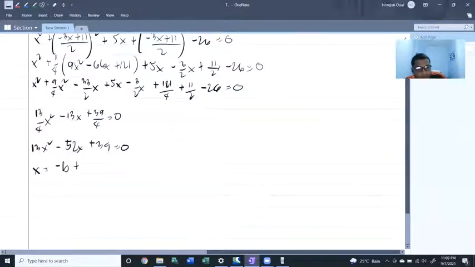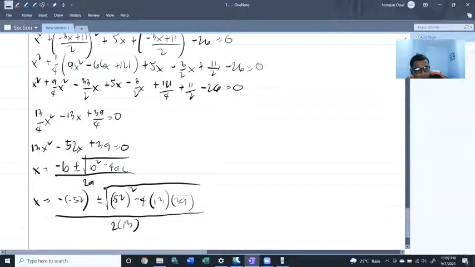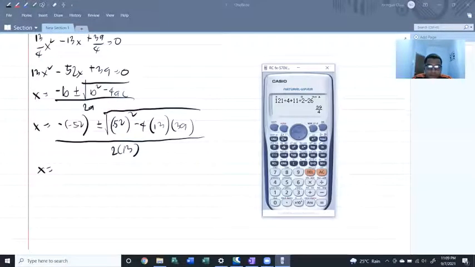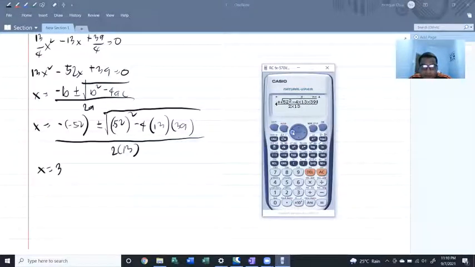We have 4 times 13, 39, 4 times 13. The first root is 3 and the second root is 1.